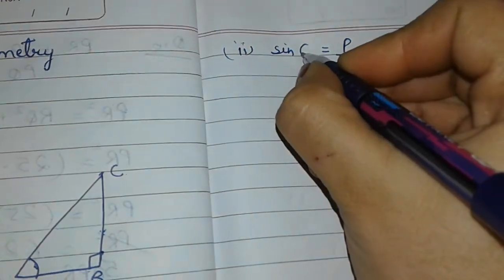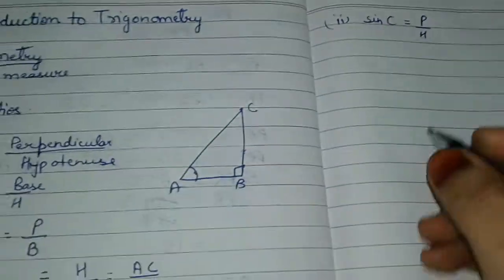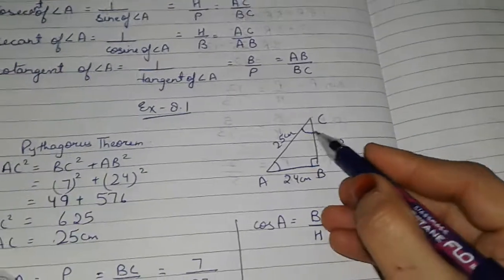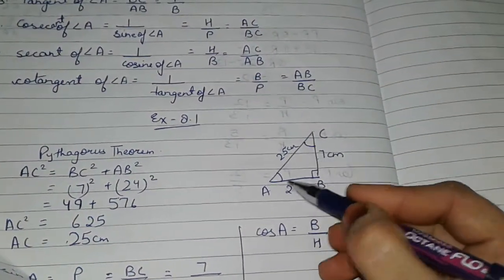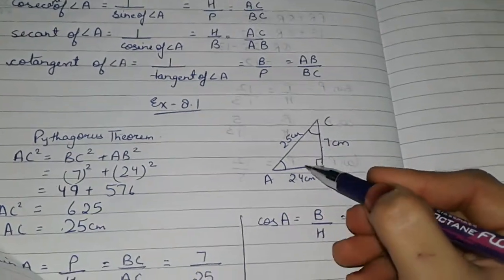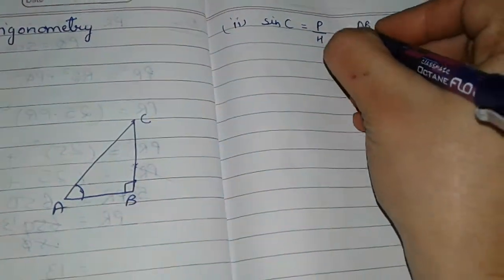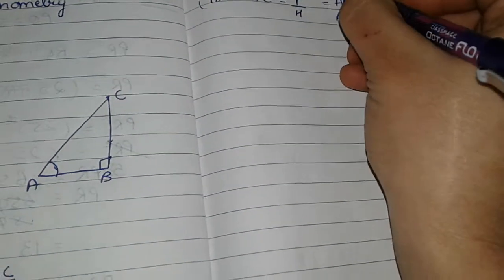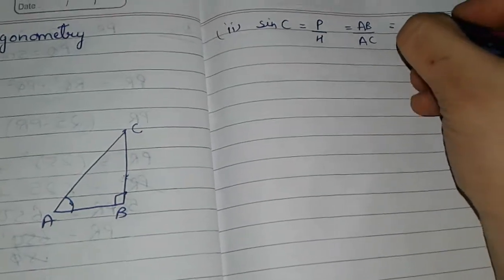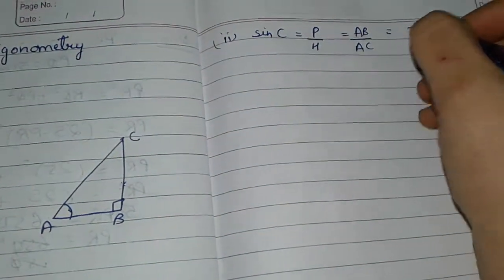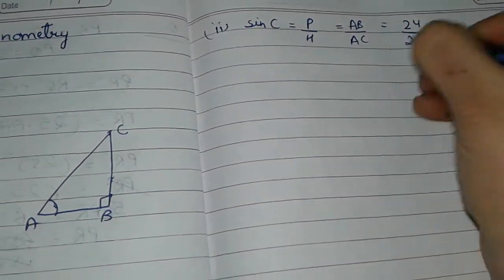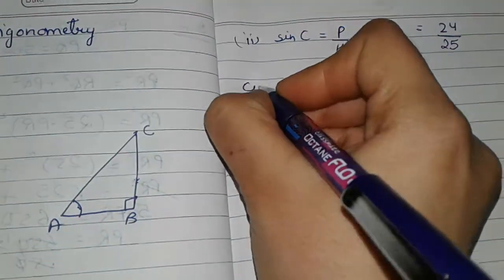Now for angle C, the perpendicular is AB. Side opposite to the angle is the perpendicular. So perpendicular for angle C is AB. Hypotenuse is the same, AC. AB is 24. Hypotenuse is 25.